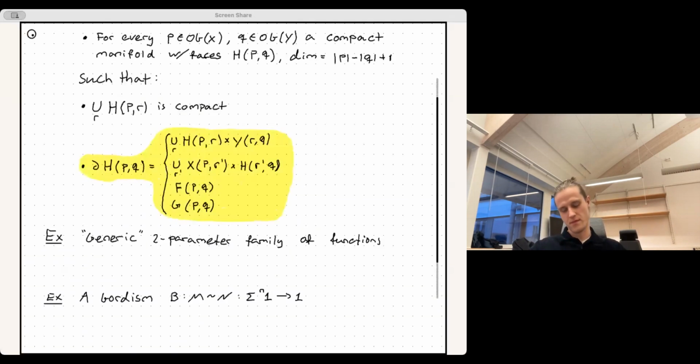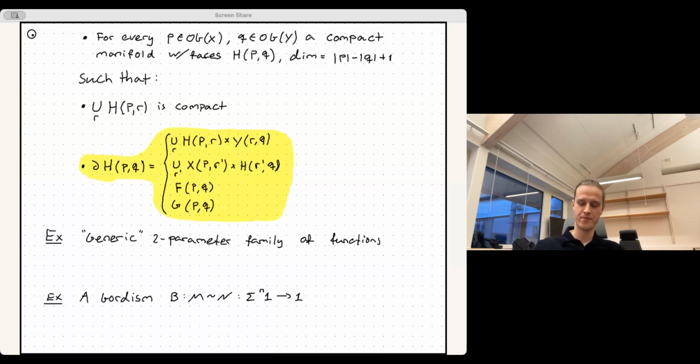And maybe the best intuition for this is that when you have these bimodules between one point flow categories that were just closed manifolds, then a bordism is literally a bordism between closed manifolds. So we've at least managed to absorb all the theory of bordism of manifolds into whatever we're doing.